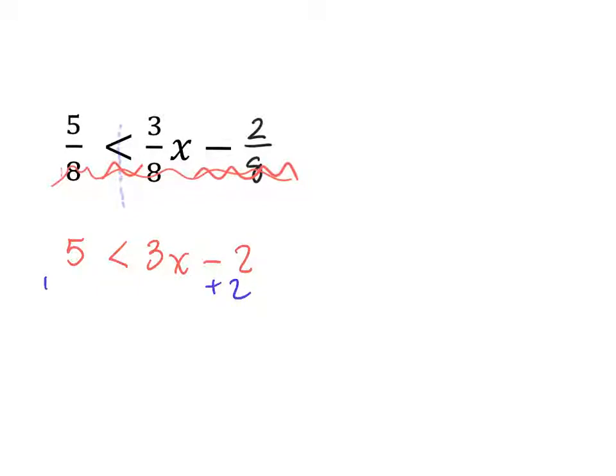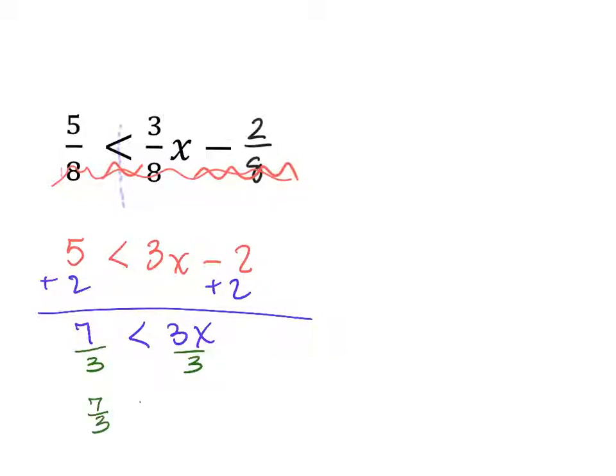Add 2 to both sides. 7 is less than 3x. Divide by 3. And you get that 7/3 is less than x, which is the same thing as saying x is greater than 7/3. Now up until this point, we have said that you leave it as an improper fraction. But because of the fact that we are graphing, you need to know where that is.